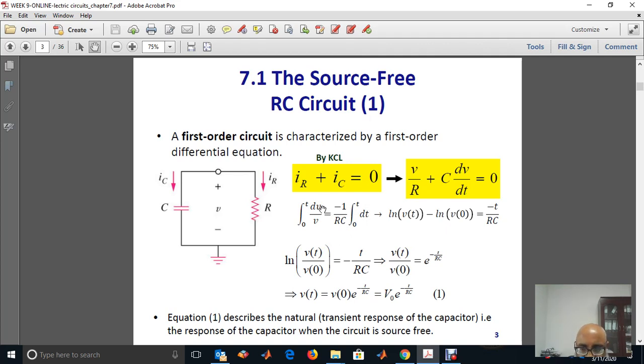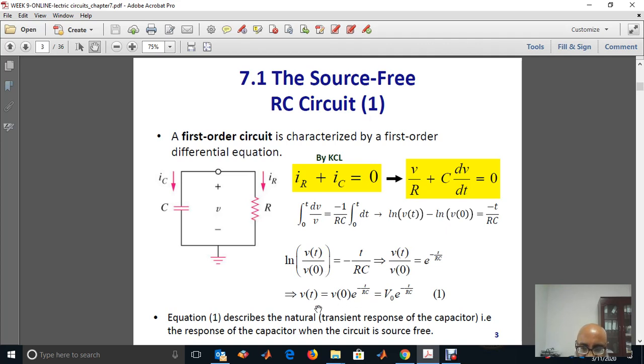We know the integration of dV over V is ln, and then we evaluate from t equal to 0 until t. Right side we get minus t over RC, and the left will be ln Vt over V0. Of course, ln is to the base e.